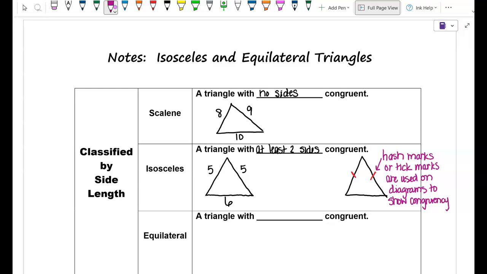And for two things to be congruent, that means we're saying that they have the same measure. That's what it means to be congruent. They have the same measure.